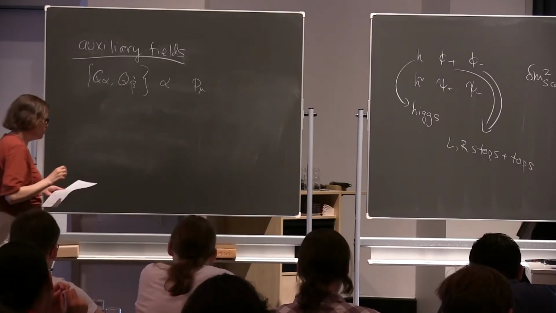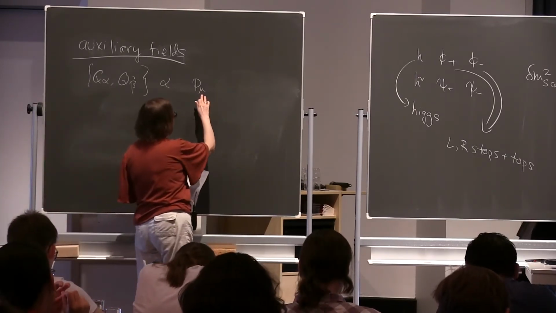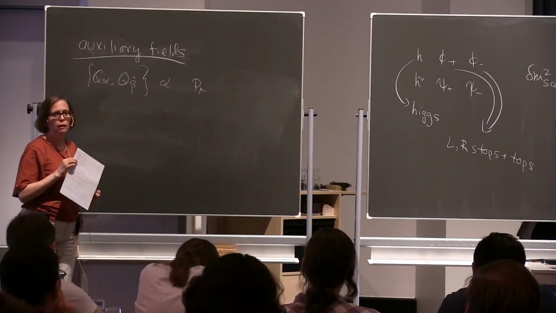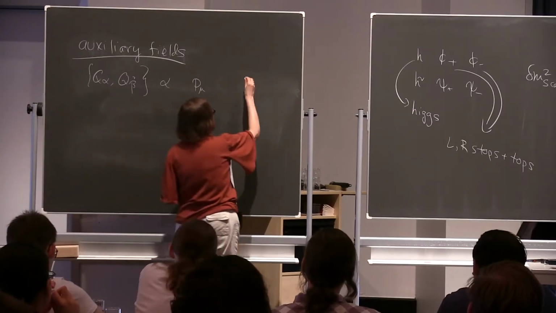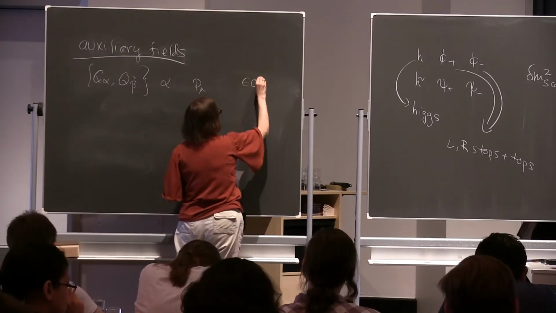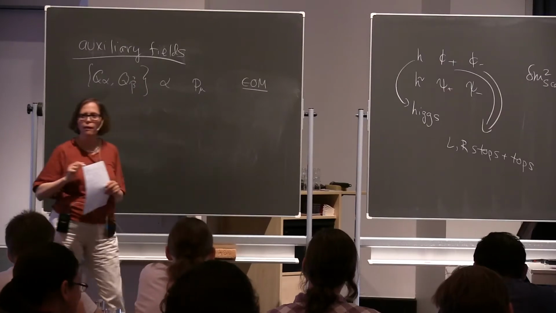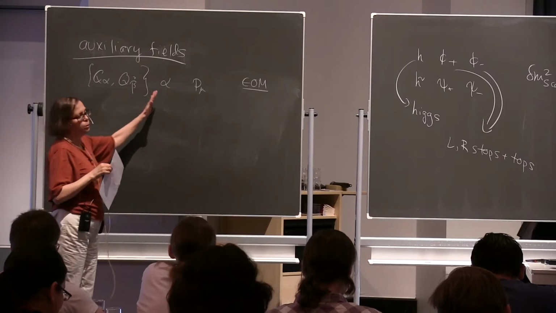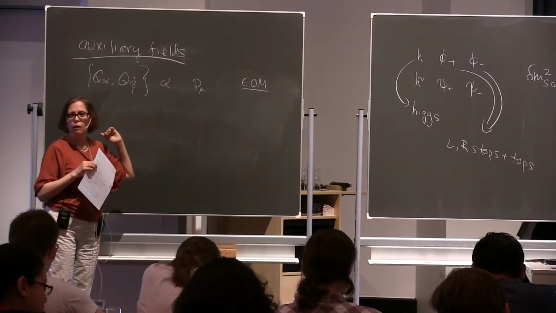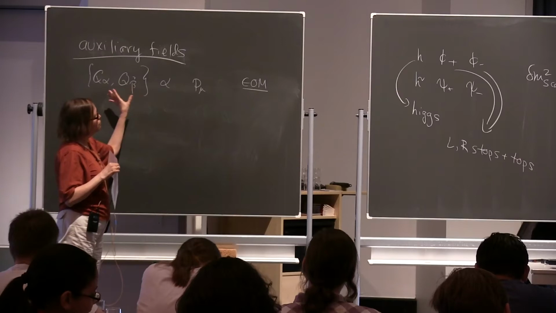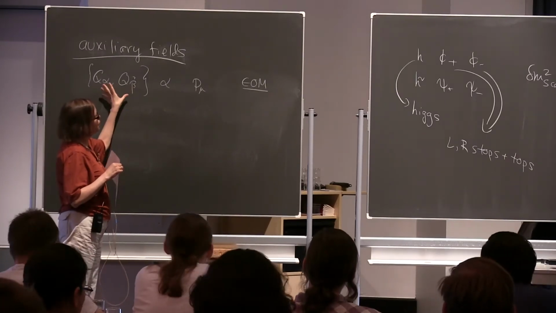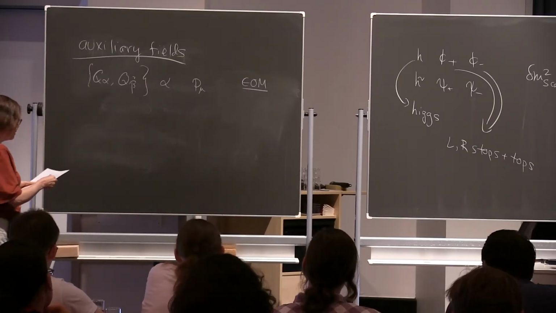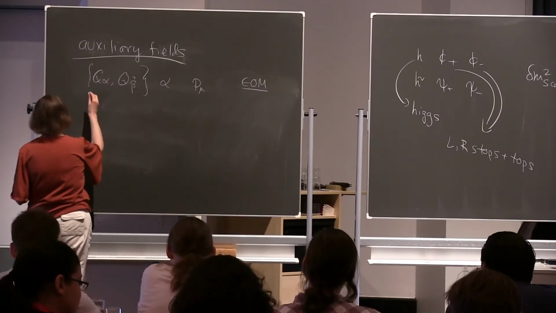But this was something that only happened when we imposed the equations of motion on the fields. So now we want to write down a version of the theory where we're not going to need to impose the equations of motion. Everything is going to hold, and this anti-commutator will give us translations even off-shell. So in order to do that, we introduce auxiliary fields.